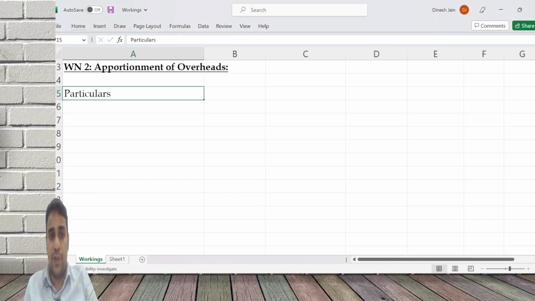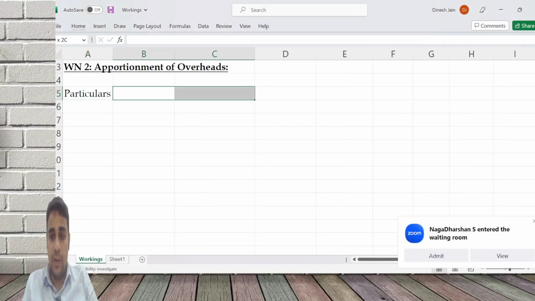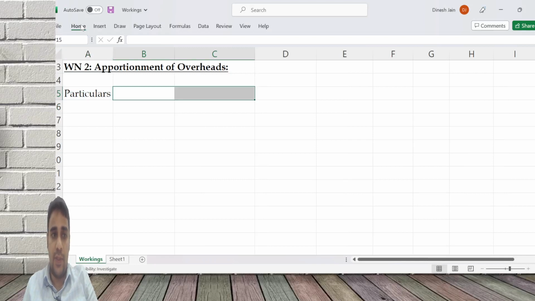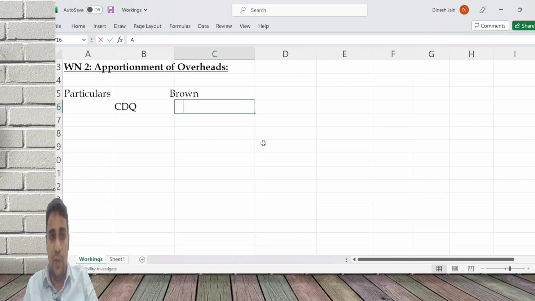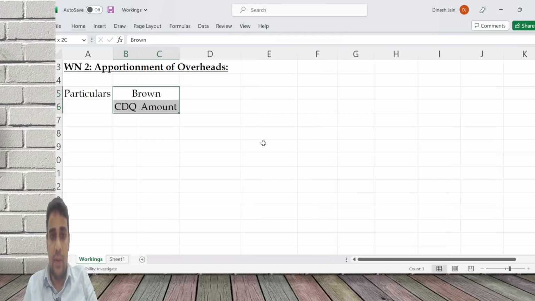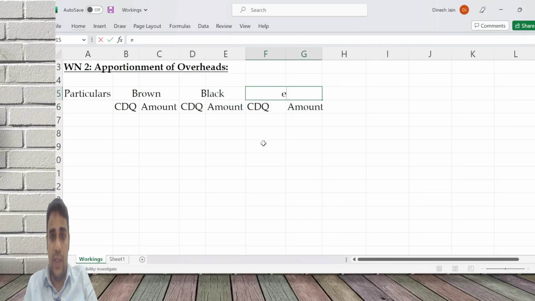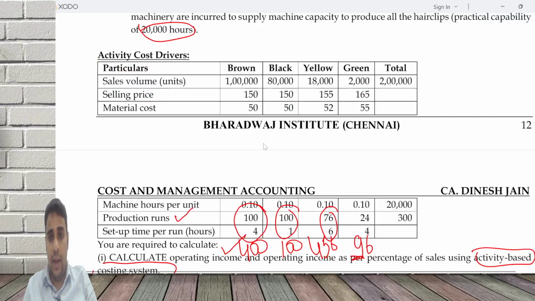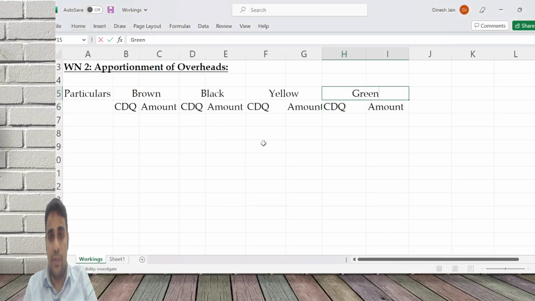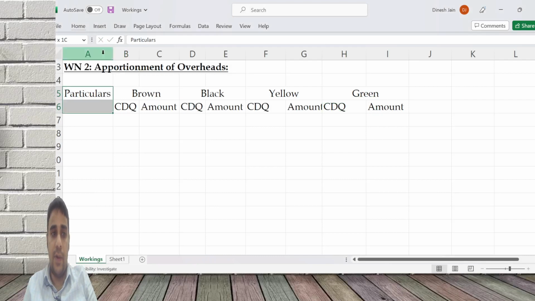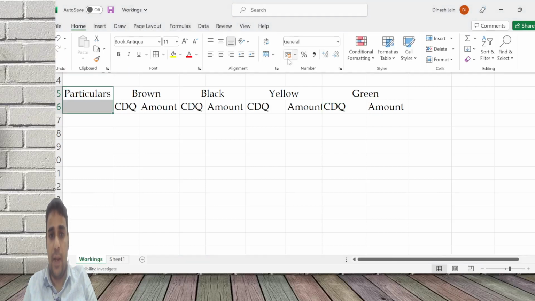Particulars, 4 products with 2 subcolumns each: Brown CDQ and amount, Black CDQ and amount, Yellow CDQ and amount, and Green CDQ and amount.